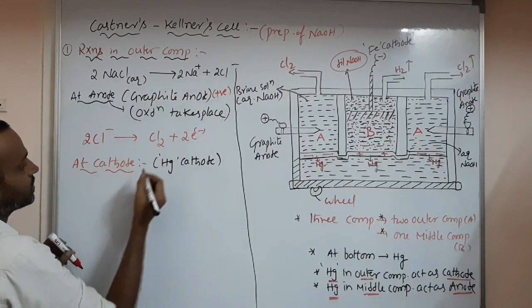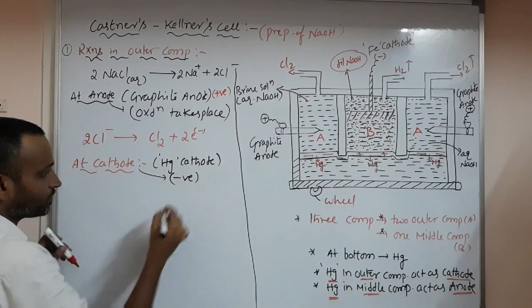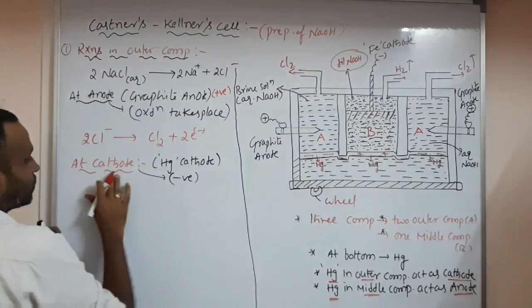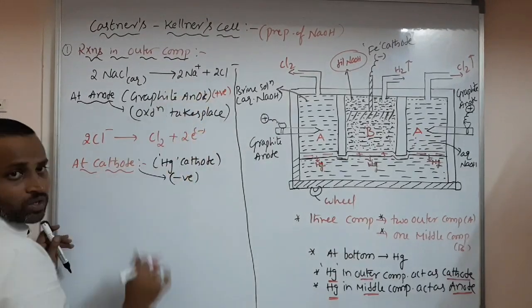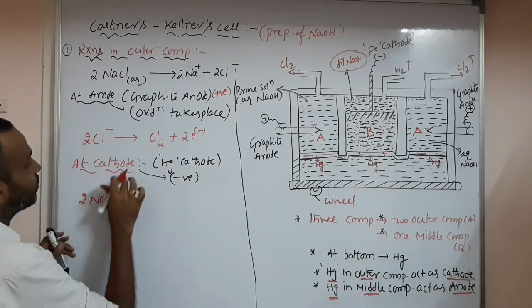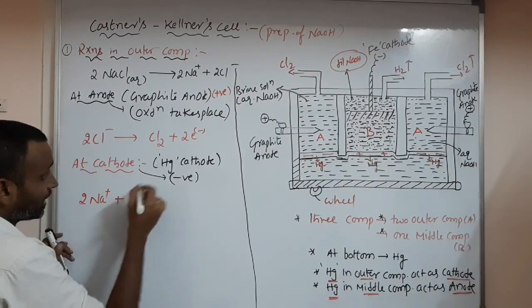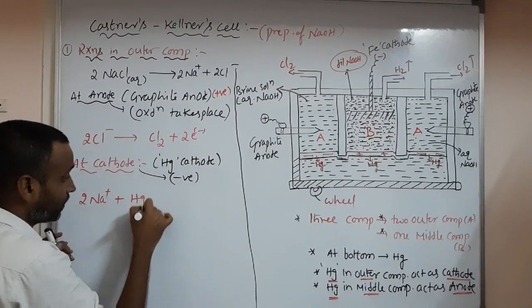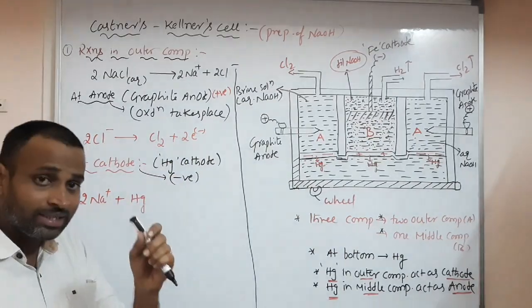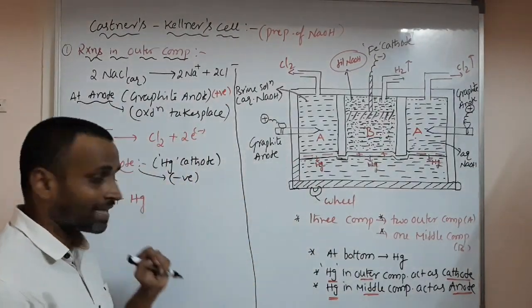So here Na+ ions, see, cathode means what? Cathode means negative electrode. So towards the negative electrode, positive ions will go. That means these Na+ ions will move towards the cathode, and these Na+ ions will combine with mercury. See, mercury will react here. Actually, electrodes won't react, but here the electrode also will react.